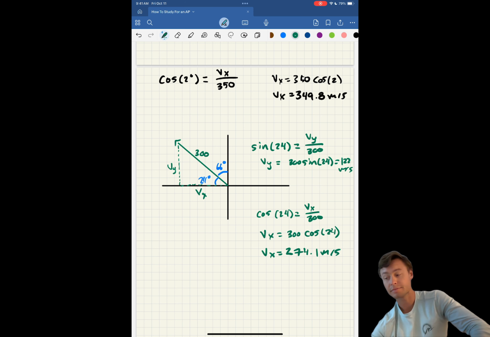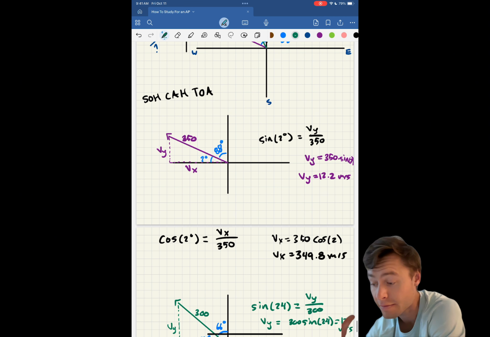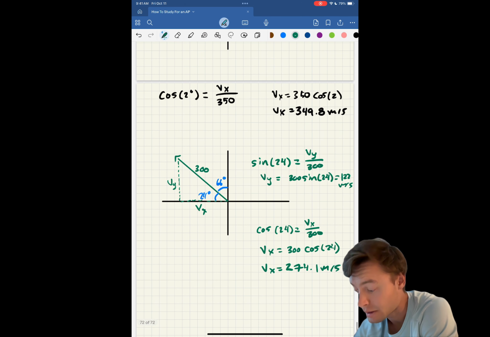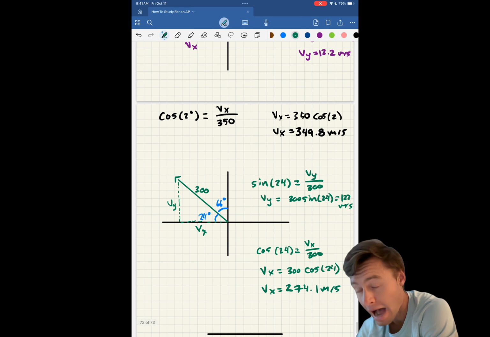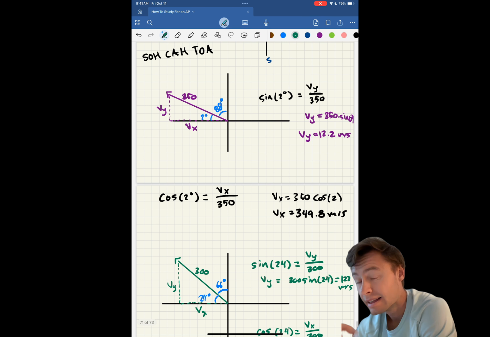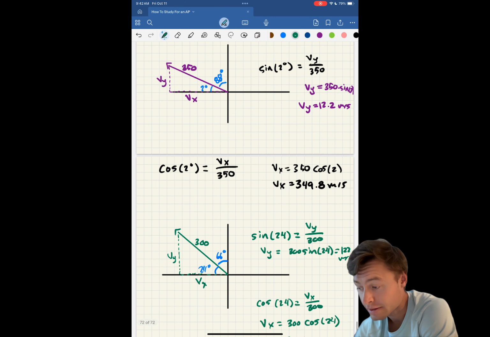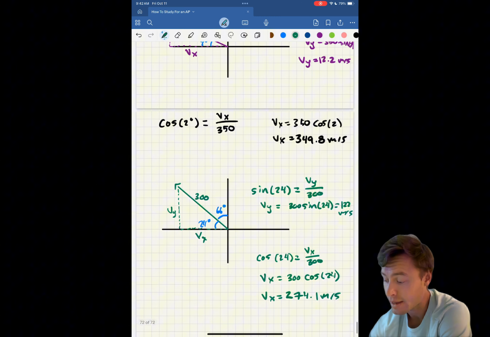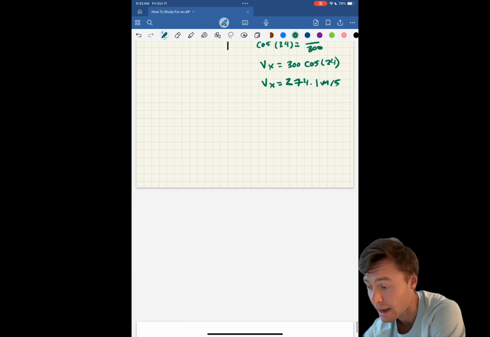So now we know the vertical and horizontal components of the original trajectory, and we know the vertical and horizontal components of the new trajectory after it hits the wind. And notice this is all based off of trigonometry, right? All I'm doing is right triangle trigonometry to figure out what these components are. Now we have to put in our wind, okay?